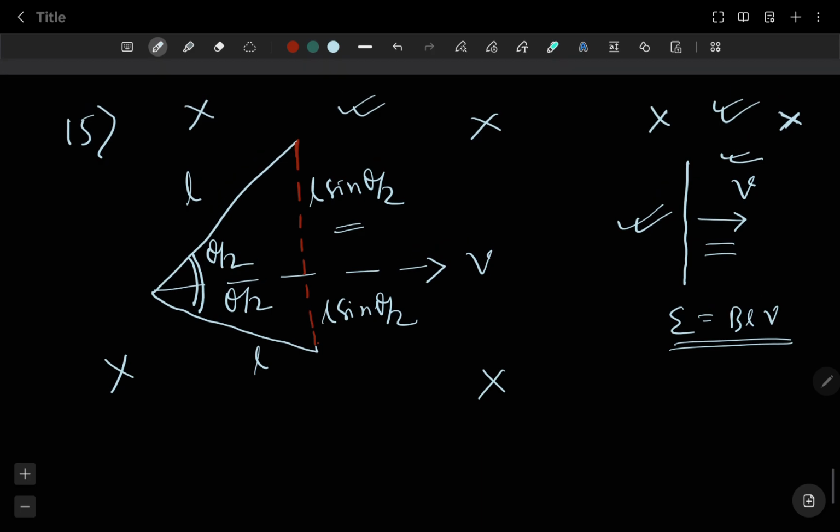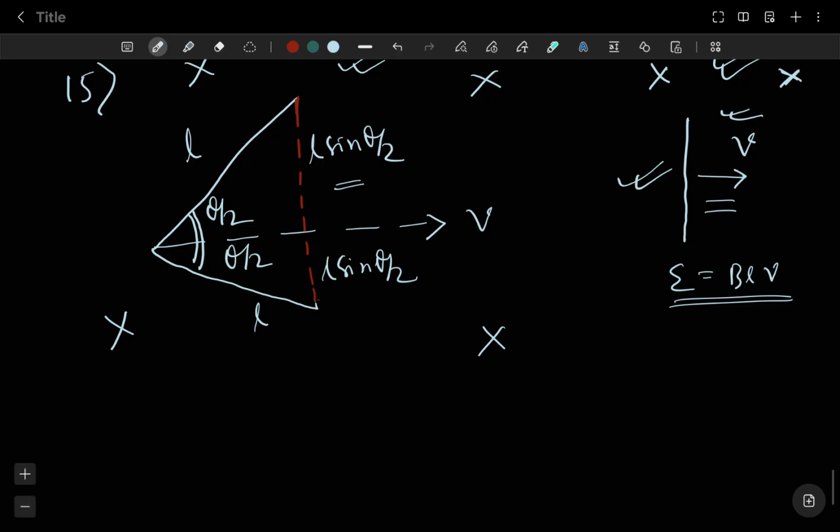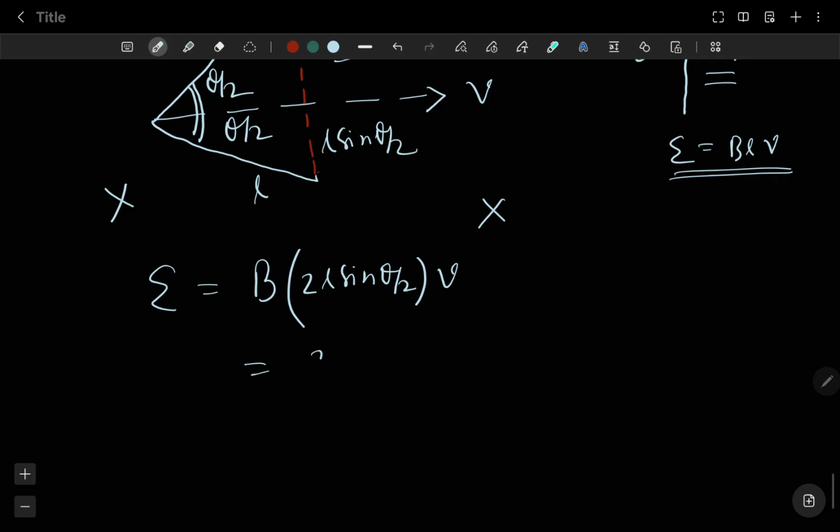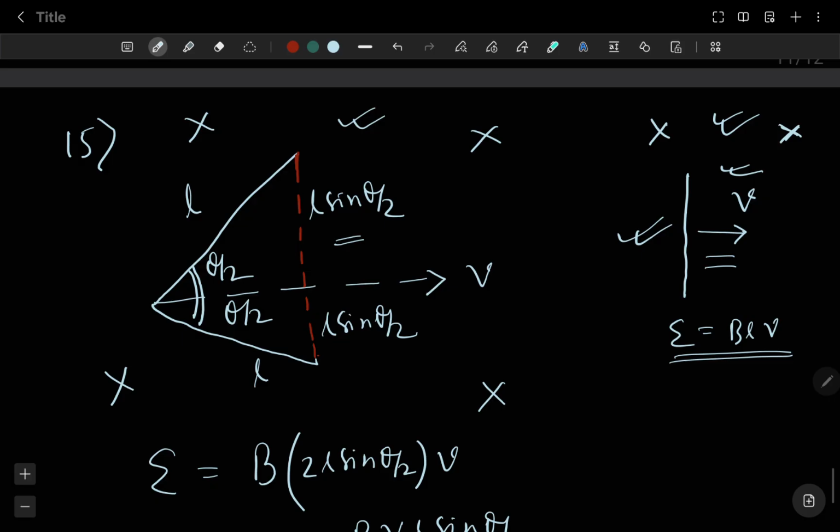So here the EMF will be B and the length is 2L sin theta by 2 into V, BLV. So this will be BVL sin theta by 2, the induced EMF across the rod.